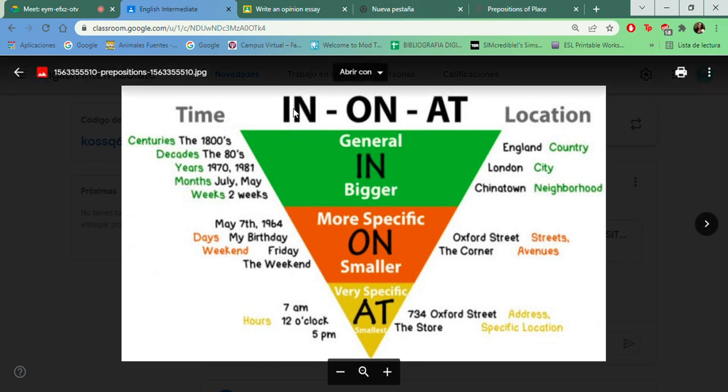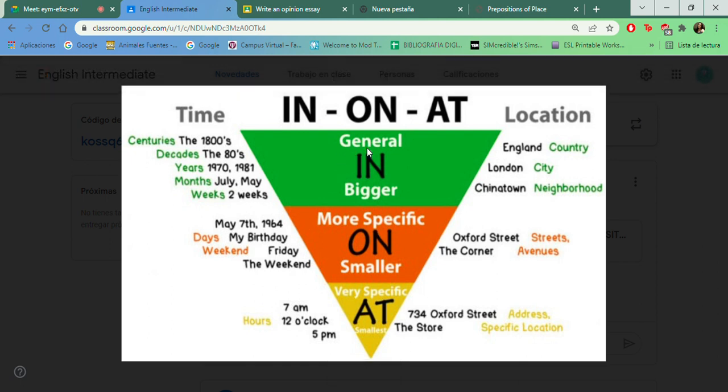Let's see. As we can see, in is the most general word. It will be longer periods of time or a bigger place, when we talk about prepositions of place. And then we have on, in the middle, not as general as in, but not as specific as at.